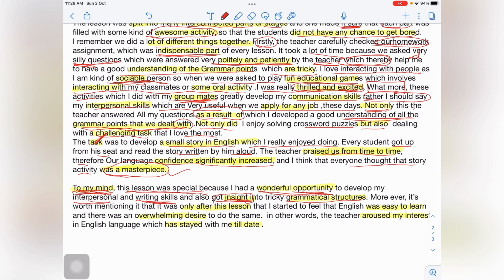Nuances and intricacies into the tricky grammar structures.